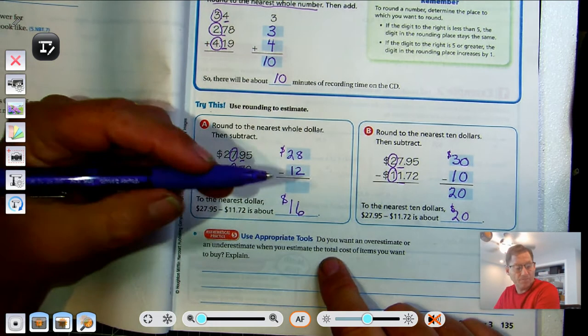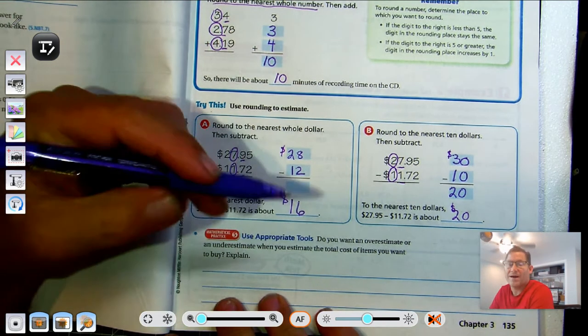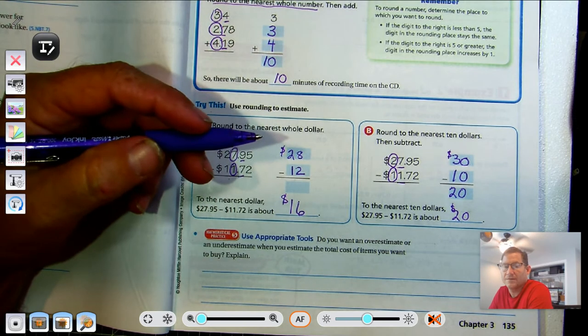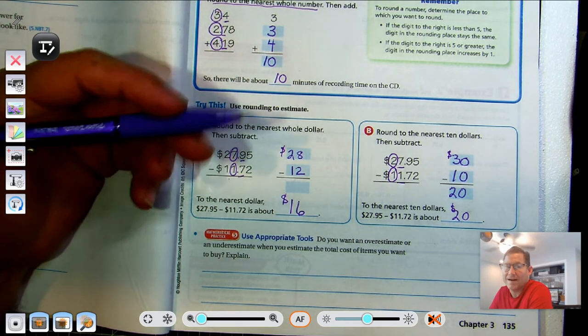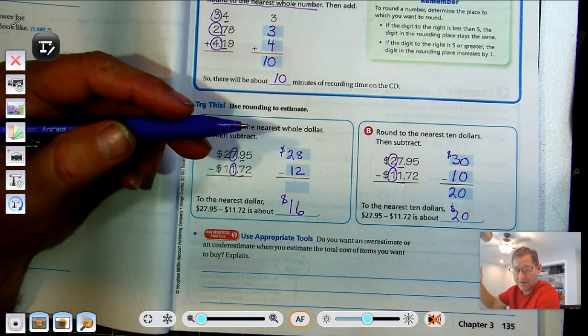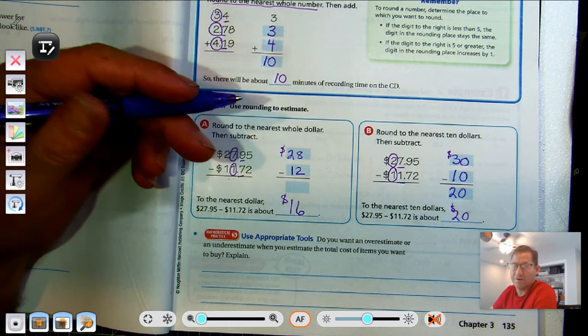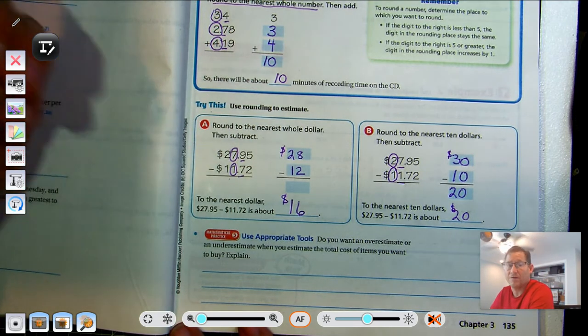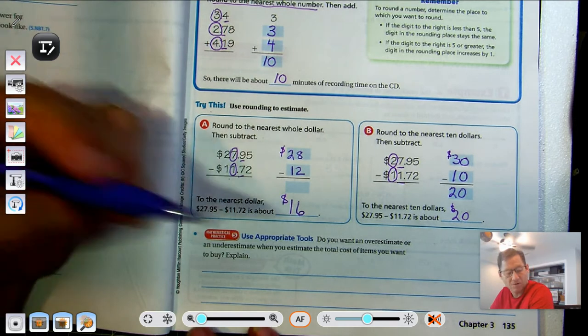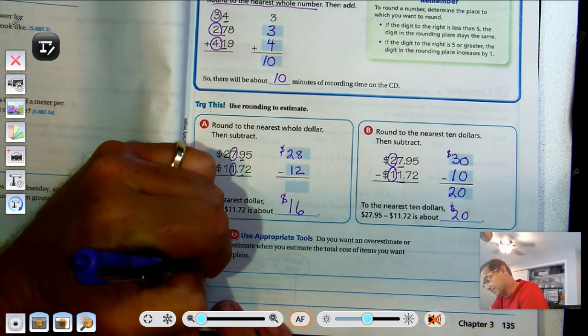Okay, so here when you're buying something, you want to have an overestimate because what if you underestimate? You're going to wind up with possibly not having enough money. So if we overestimate, if we go to the higher value, and we have that amount of money in our pocket or wallet, then we're certain we have enough. So I would do an overestimate.